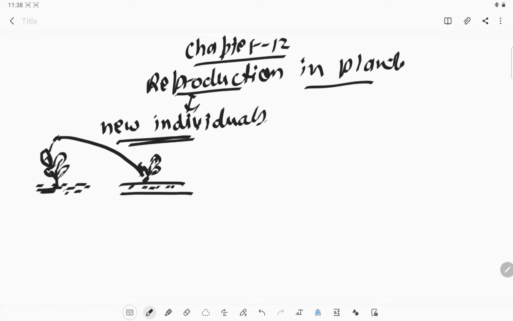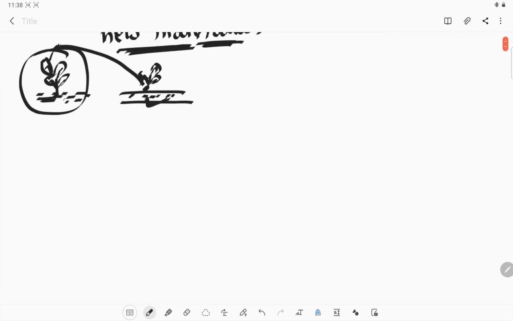So this is known as reproduction. When from one portion, or one flower, or one plant, we can grow another plant, it is known as reproduction. In short, if we are getting a new individual from a plant, we can say that it is reproduction.